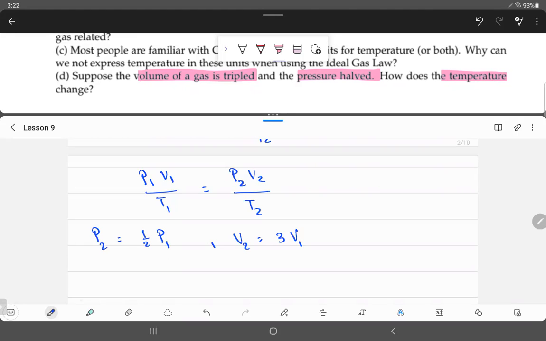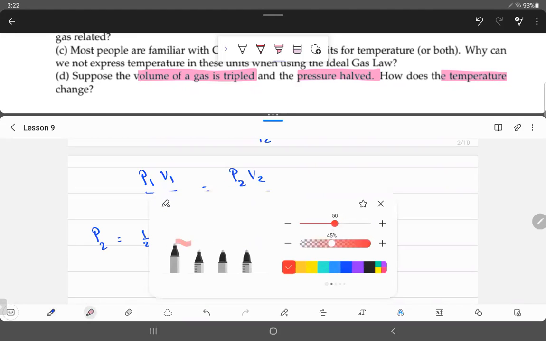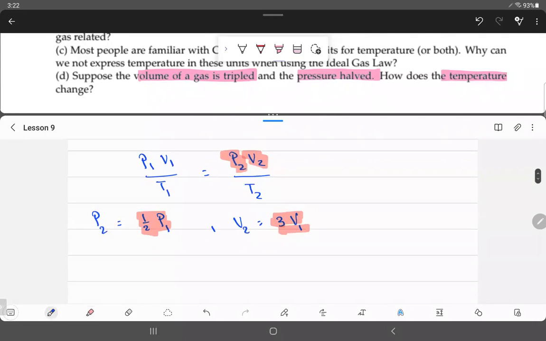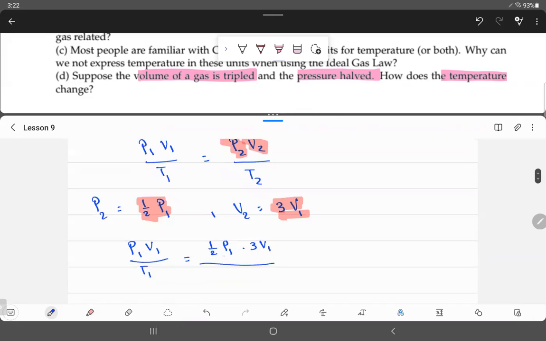I'm going to plug these in here. So what's going to happen? P1 V1 over T1 is equal to, I'm going to replace P2 with half P1, times V2 will be replaced with 3V1, divided by T2, right?